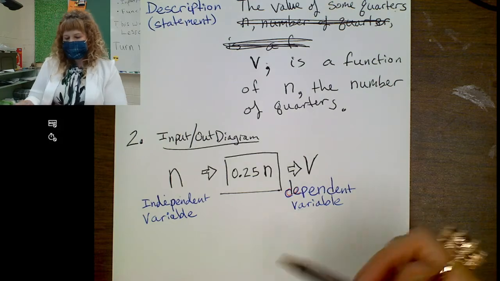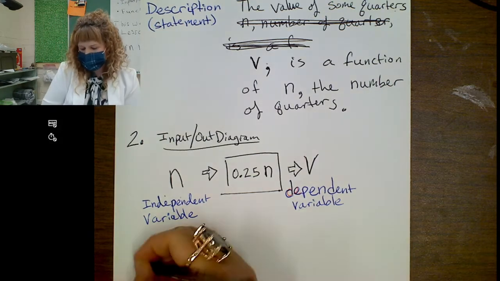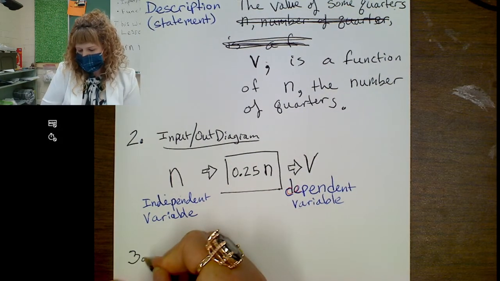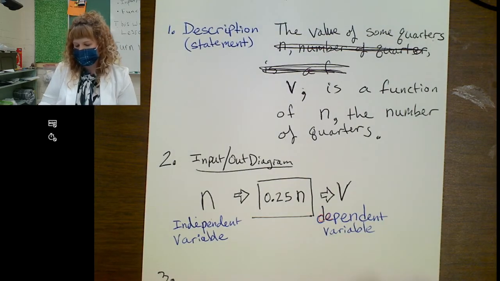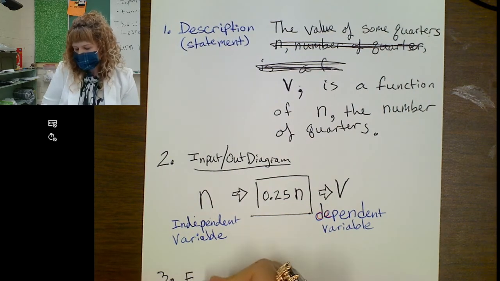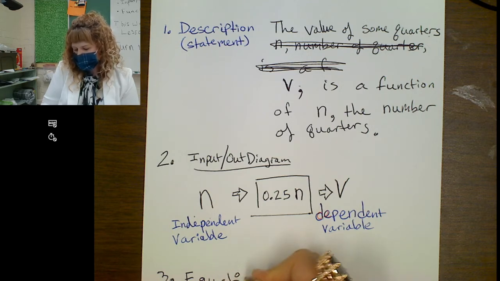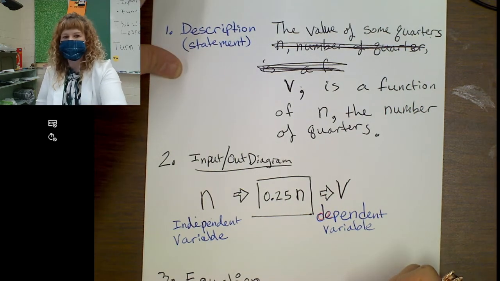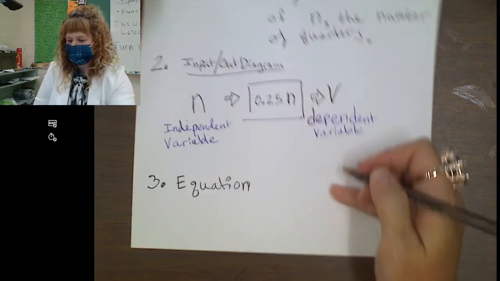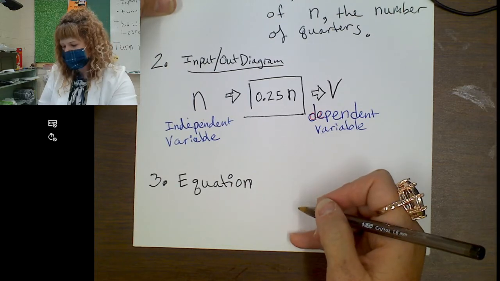Okay, another way that we can represent a function is with, and put number 3 on here, this is the third way to represent a function. You can represent with an equation. And that's something you are used to because we did that a lot in Unit 3 and 4. We wrote equations.